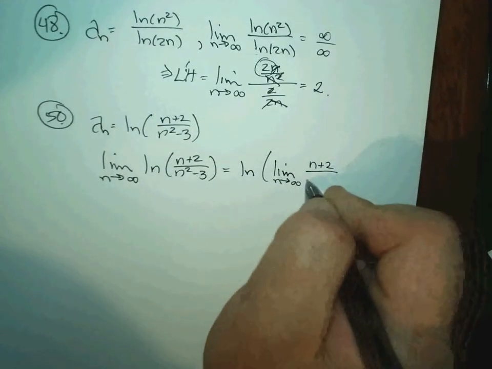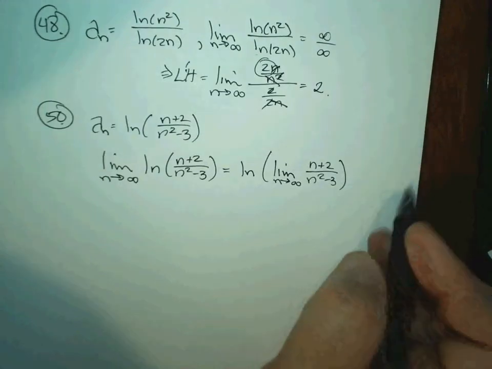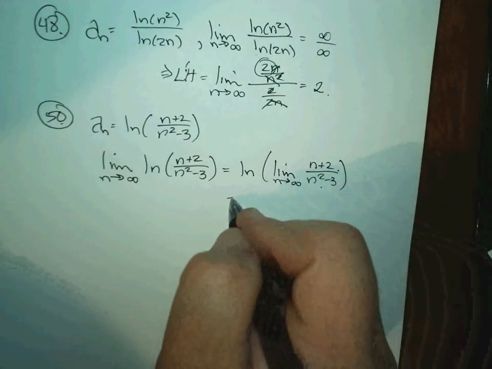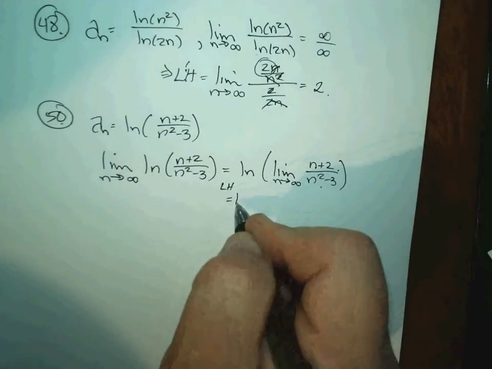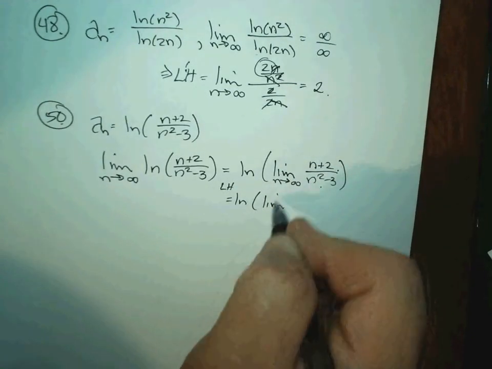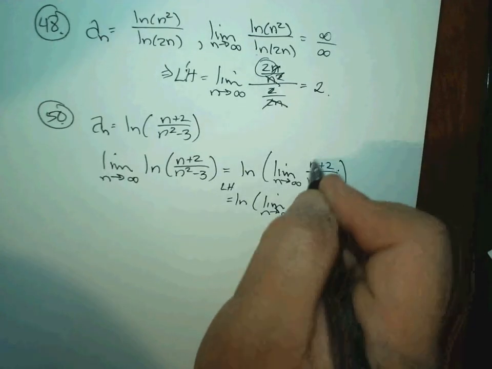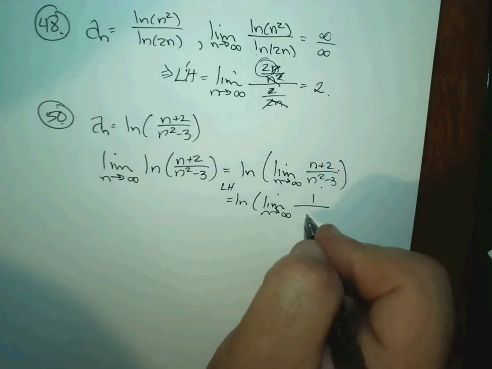Well, you pass the limit inside the log, or think of it as pull the log outside the limit. And this limit here, infinity over infinity, you apply L'Hopital's rule to it.